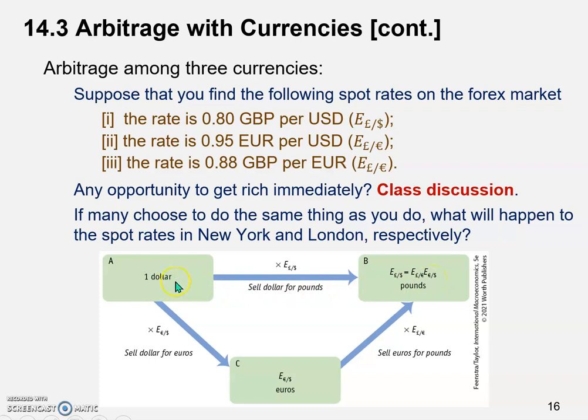Or what you can do, as this example shows, is sell your dollars for euros as step one, and then sell euros for pounds as step number two. So eventually, can you find any price difference between these two transactions? In other words, which one gives you a better deal? So bring your thoughts to class, we can discuss this.